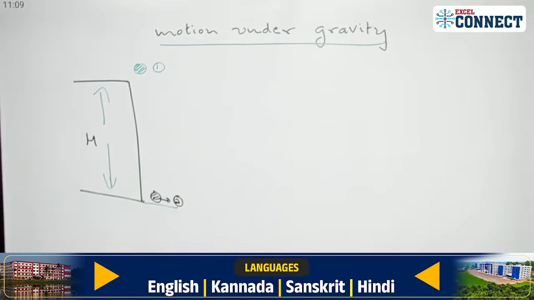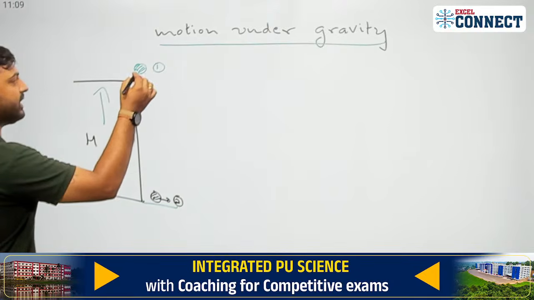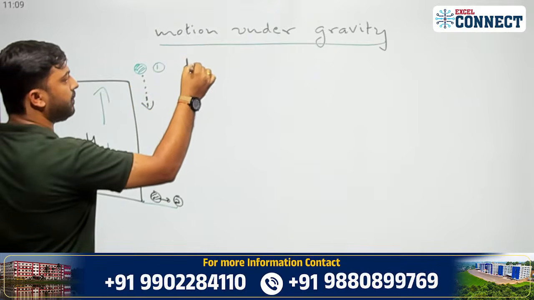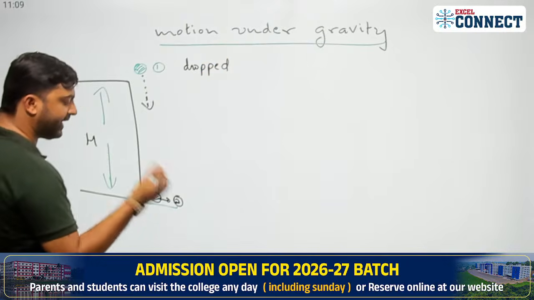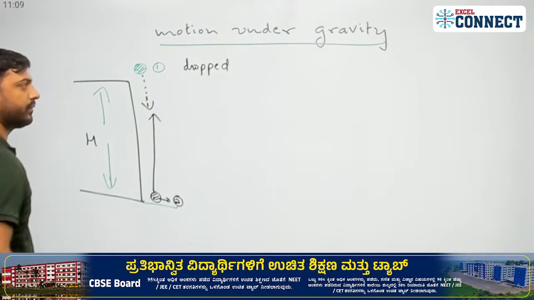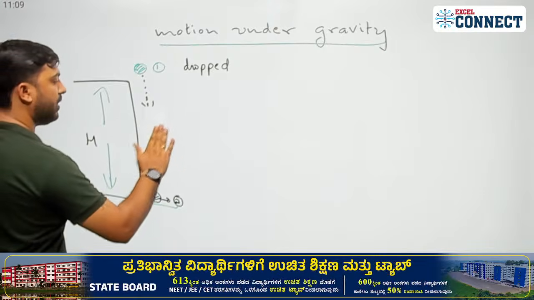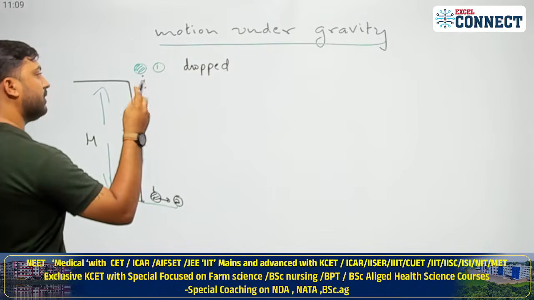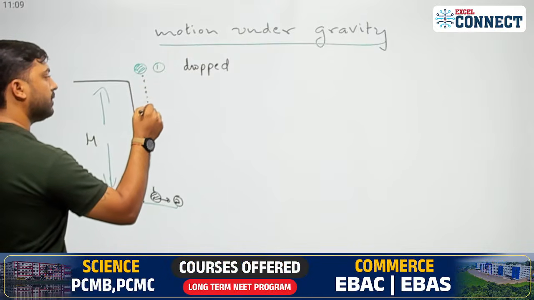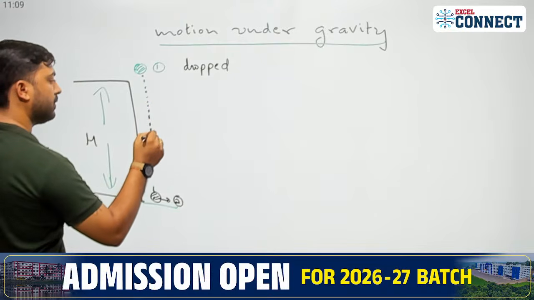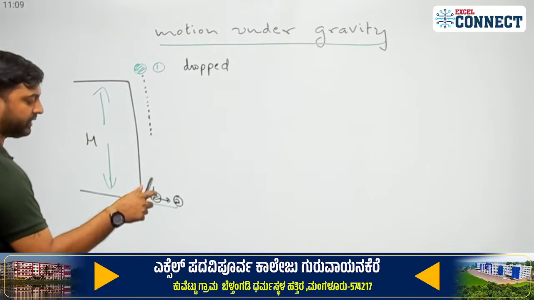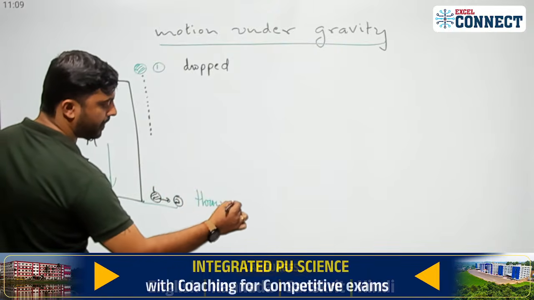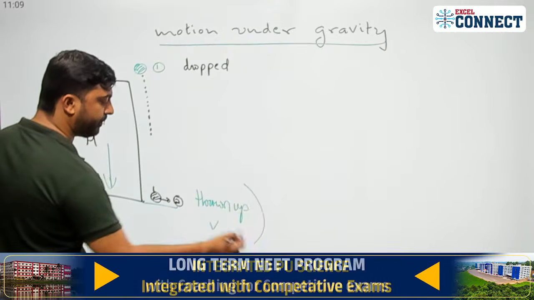From a tower of height h, the first ball is dropped, and the second ball is thrown up with velocity u.